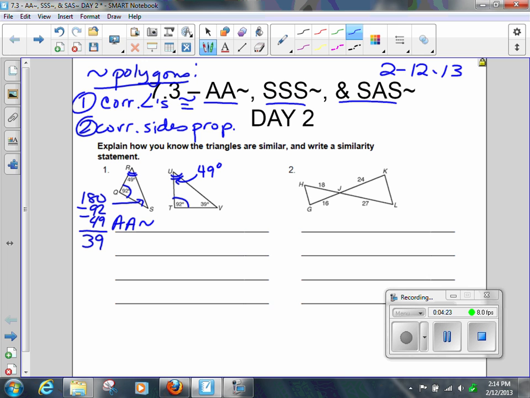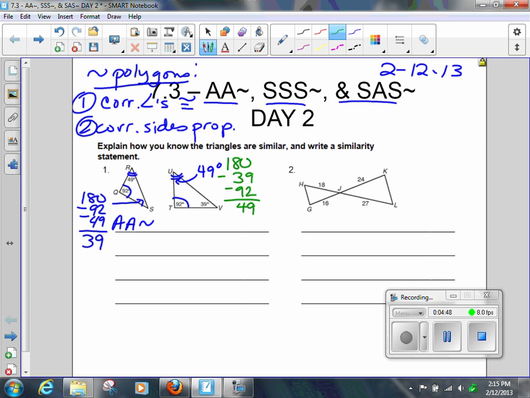Sure, I could have marked S and V, because I could do the same thing. I could come over here and say 180, take away 39, take away 92, and it would have given me 49. Okay?